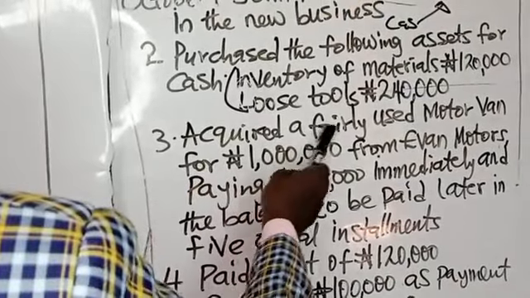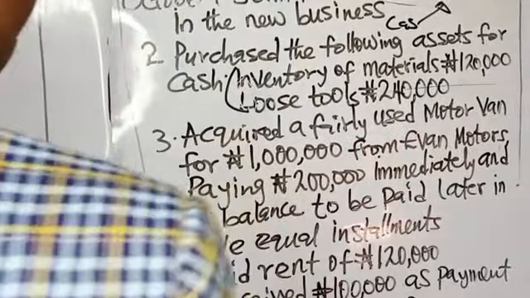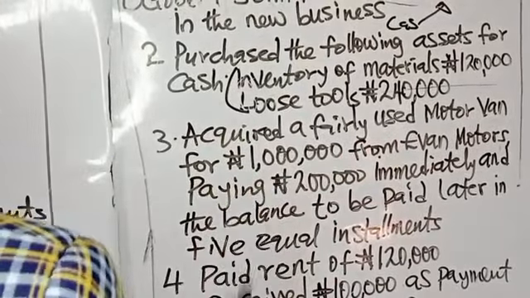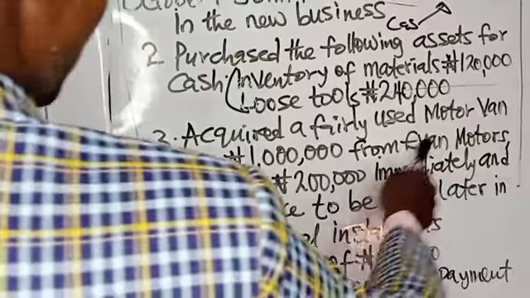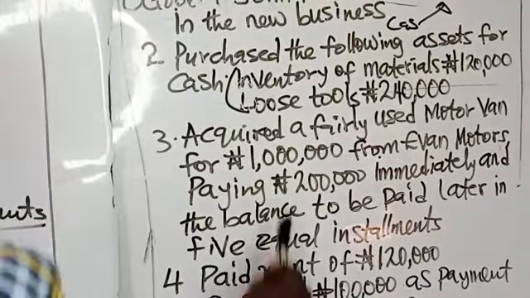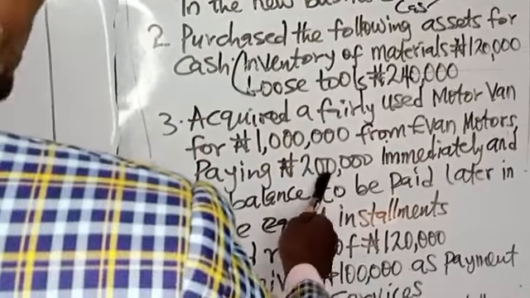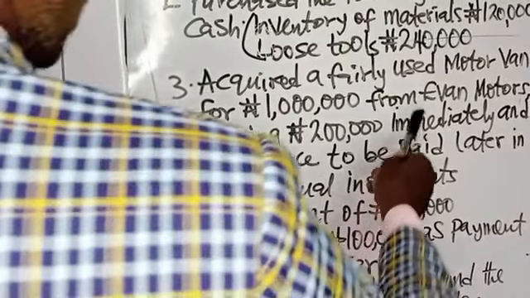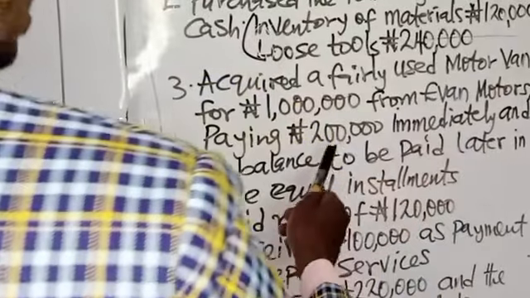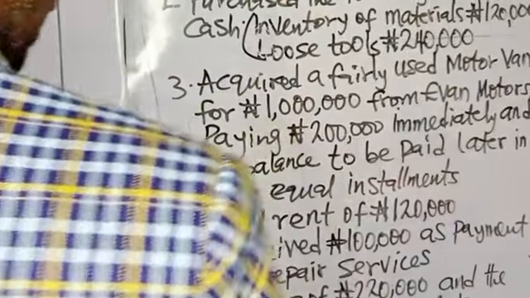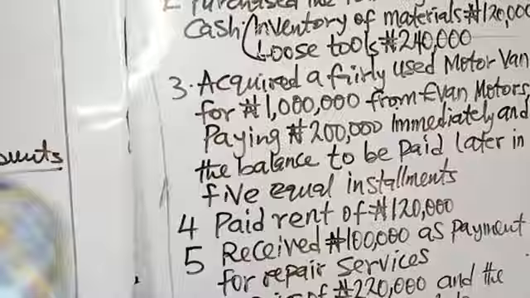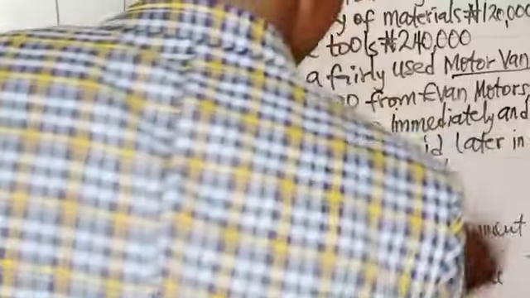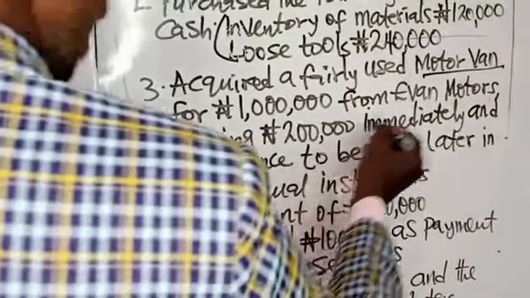acquired a fairly used motor van for 1 million naira from Evans Motor, paying 200,000 naira immediately. So you are going to open the motor van account and Evans Motor account. You purchase a motor van. Motor van is an asset from Evans Motor.